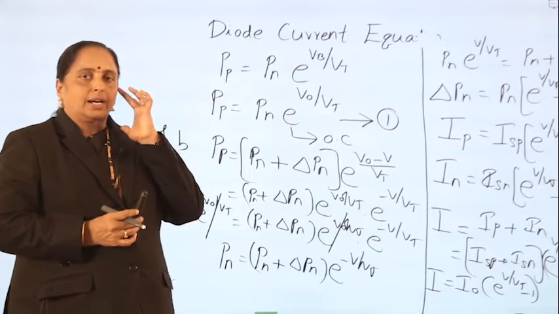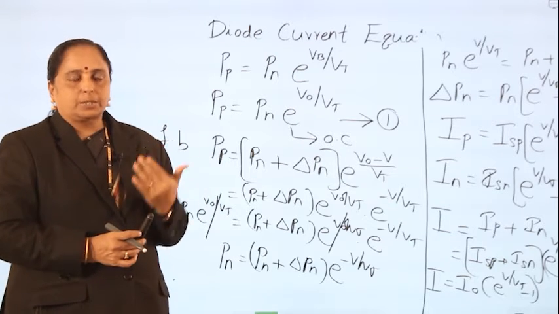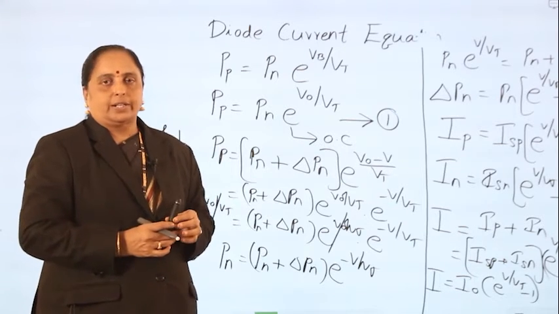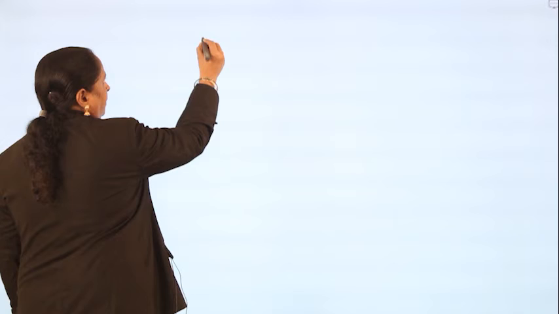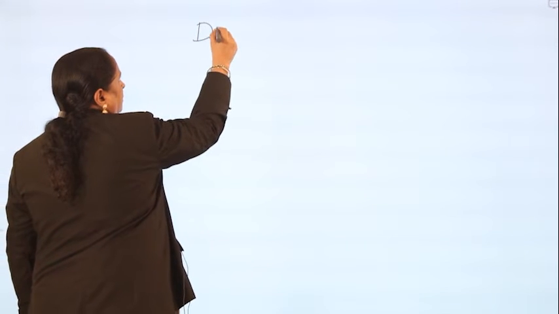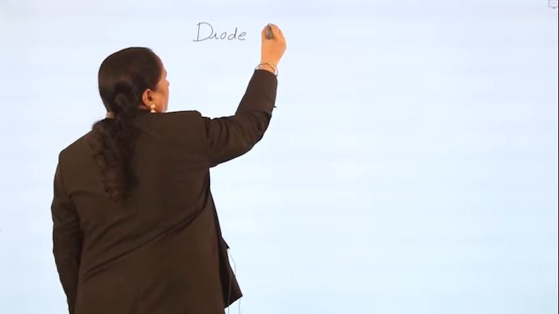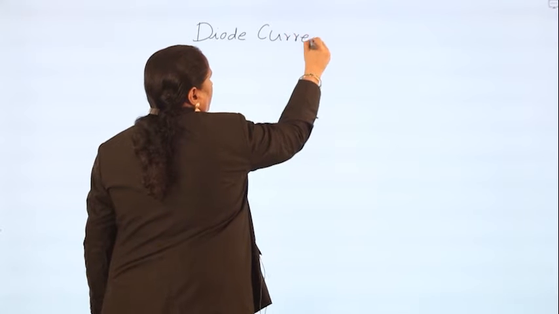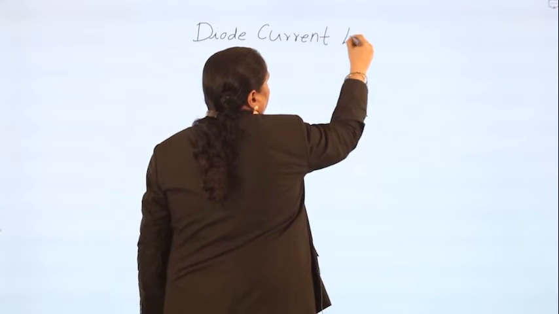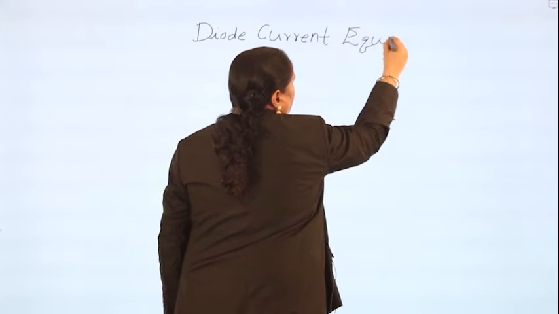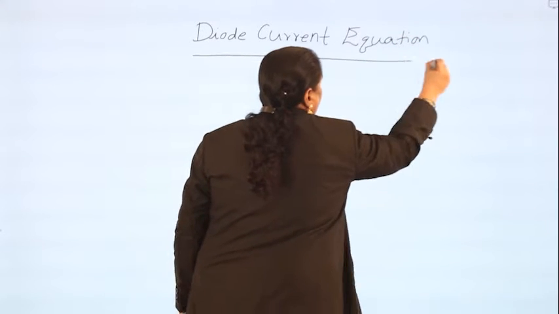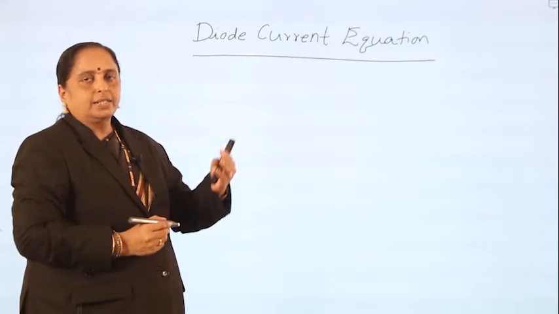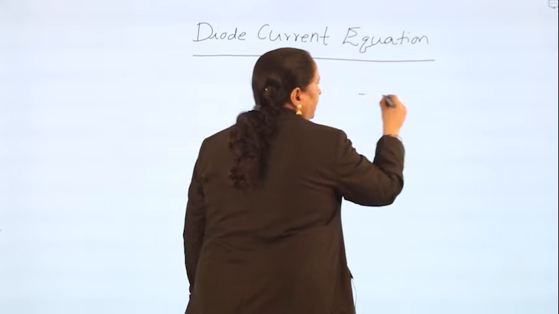Now let us recollect how we derived the expression for diode current. How did we start the expression in a PN junction diode?